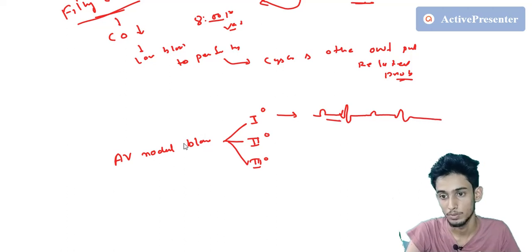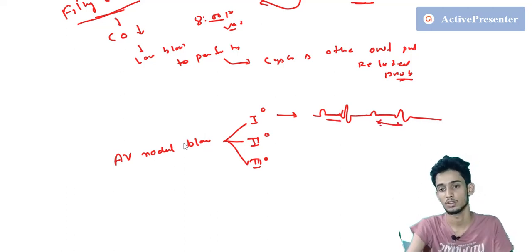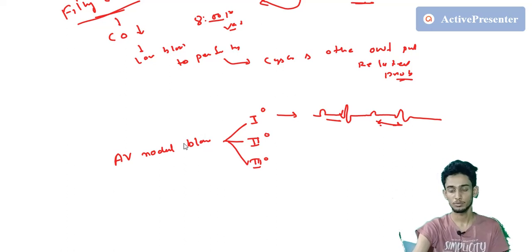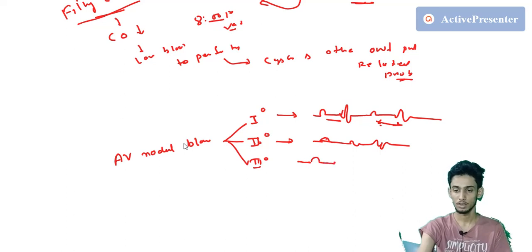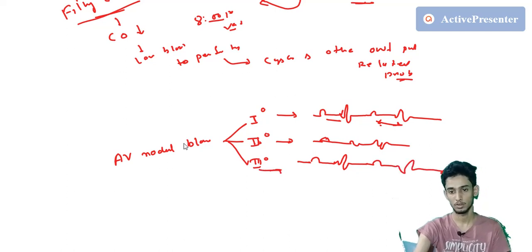Let's say on the ECG, this is the P wave, so gradual prolongation. Type 2, second degree block, there is a dropped QRS. And in the third degree block there are P waves and QRS also, but no synchronization. There are individual P waves. This third degree block needs emergency management.